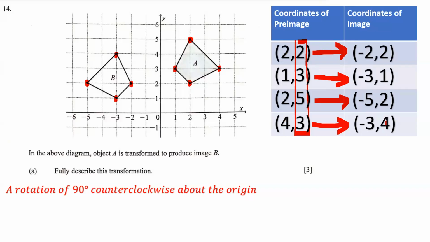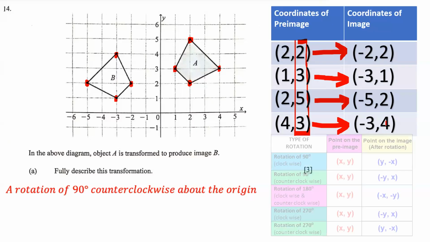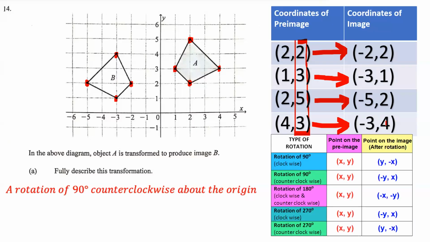And so what is that? How do we interpret that? Well, if you know the formula for rotation, there it is right there. This is the formula for a 90-degree rotation counterclockwise.